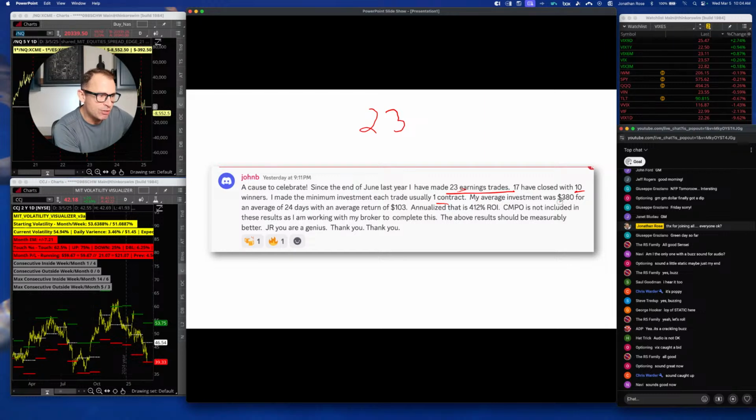Average investment, $380. An average of 24 days in those trades with an average return of $103, guys. That's about 35% on every single earnings trade with an annualized return of 412%.